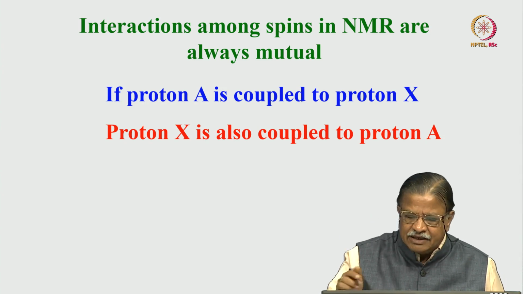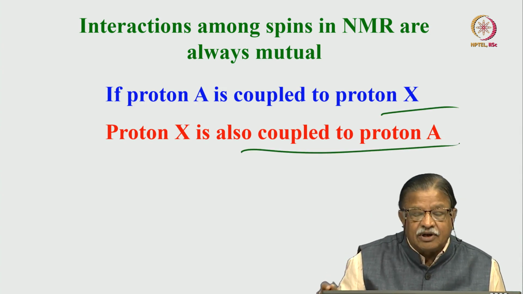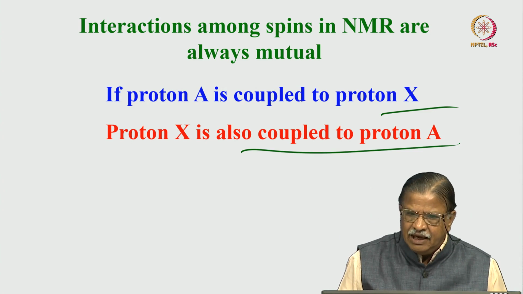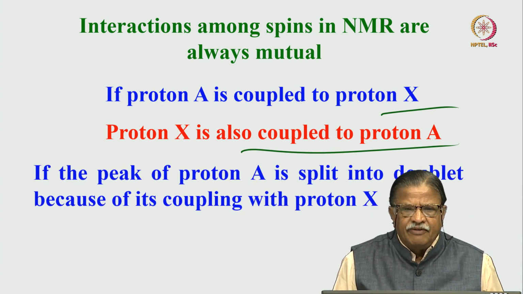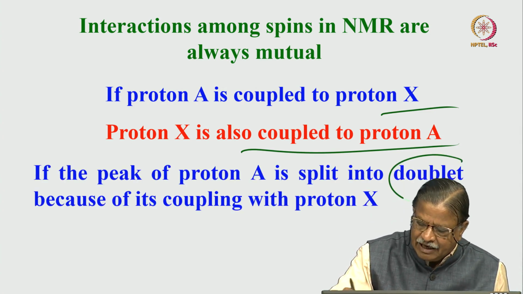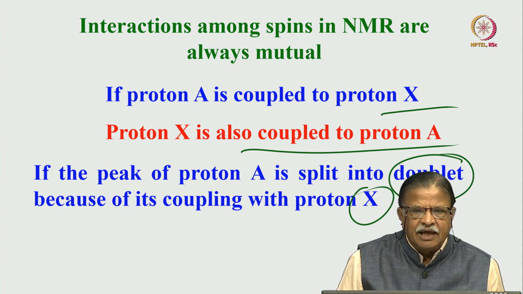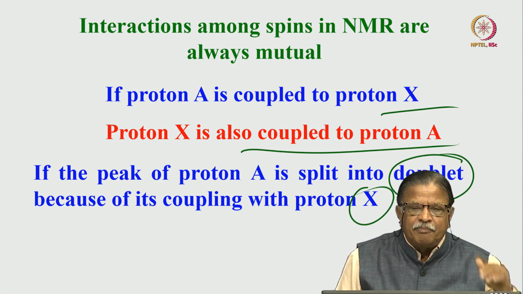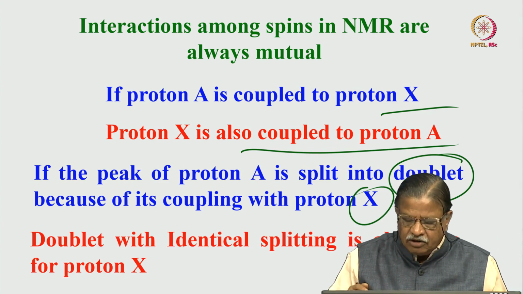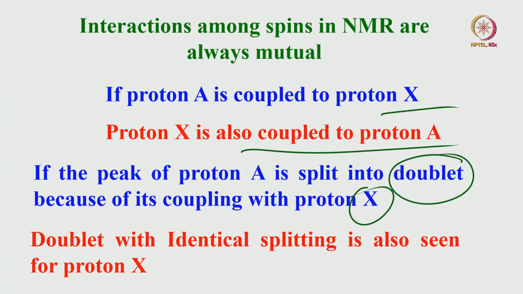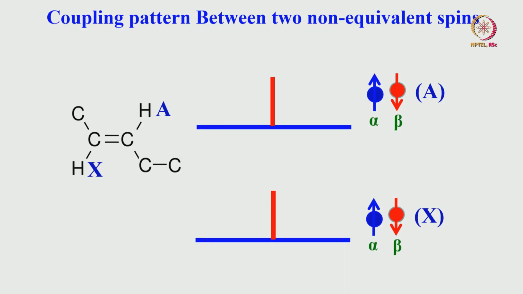If proton A is coupled to X, proton X is also coupled to A. If the peak of proton A is split into a doublet because of X, then obviously the peak of proton X is also split into a doublet because of A. Proton A will see X in two spin states, similarly proton X will see A in two spin states, each of them will be a doublet. So, interaction is always mutual, that you must remember.